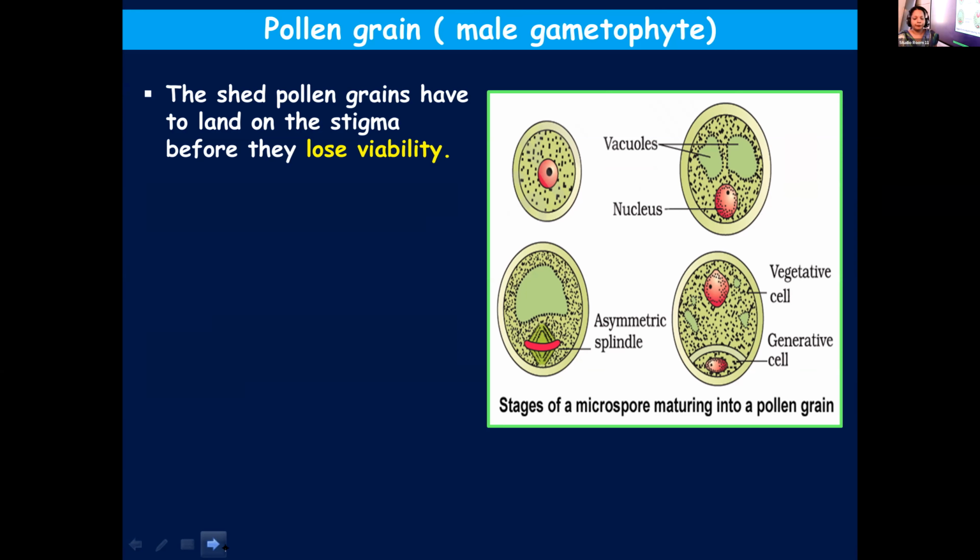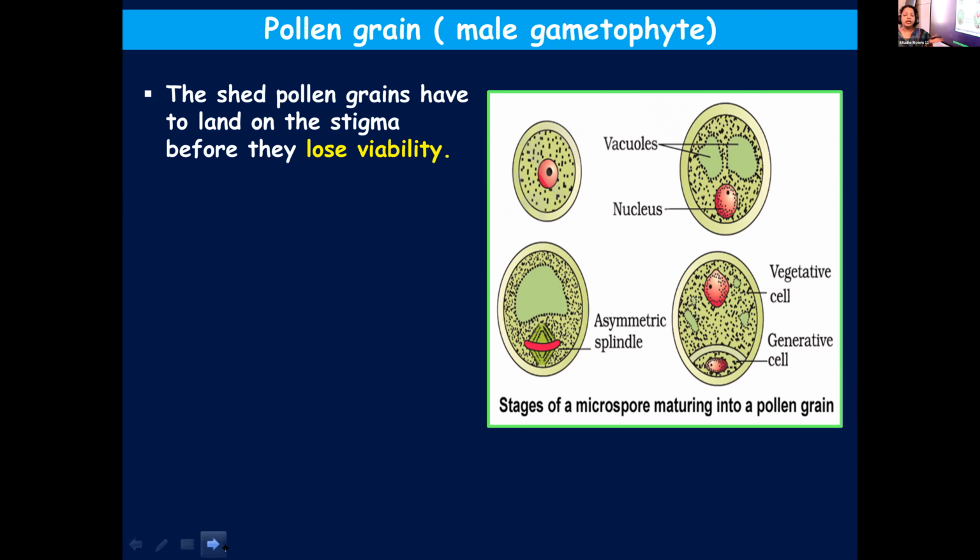And the shed pollen grains should land on the stigma before they lose their viability. Viability means the ability to germinate or function properly. So before they get spoiled, before they lose their capacity to germinate, they should fall on the stigma. Otherwise, it will be of no use.